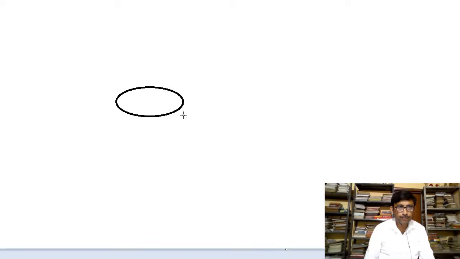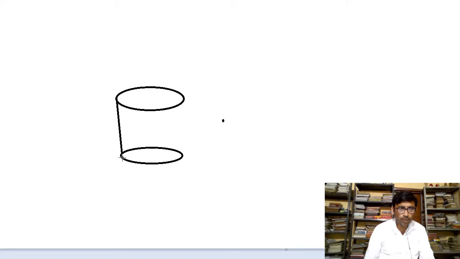Suppose we have a beaker, and in the beaker we shall be putting some water.